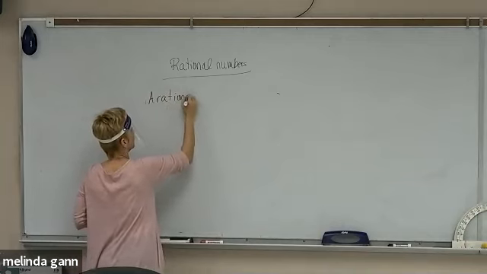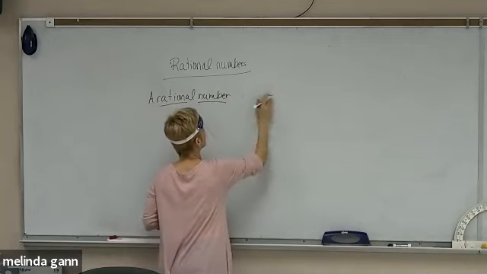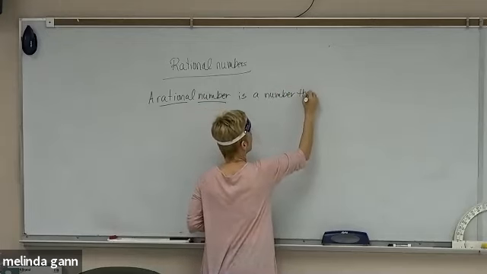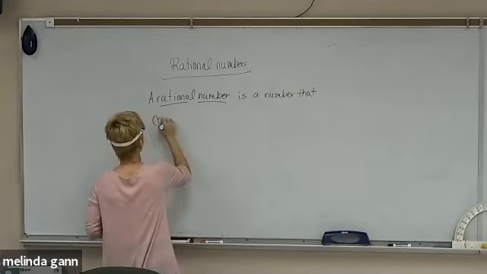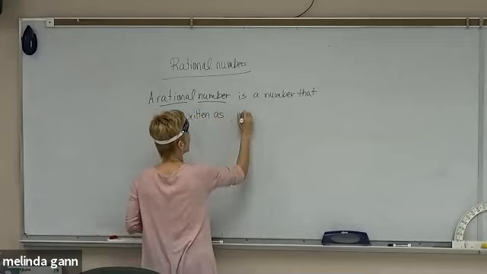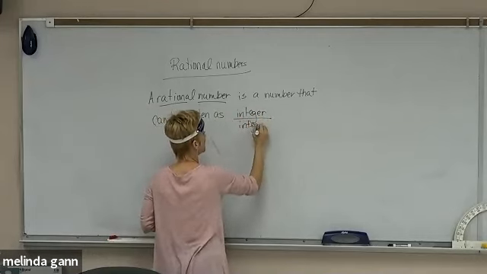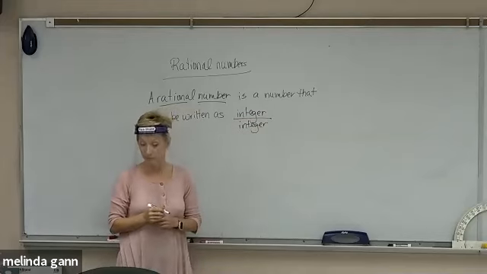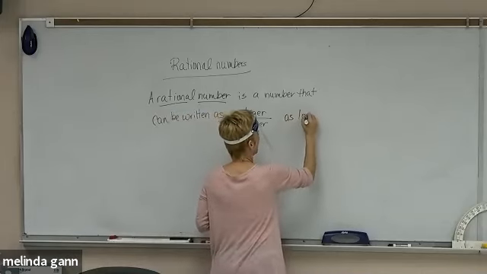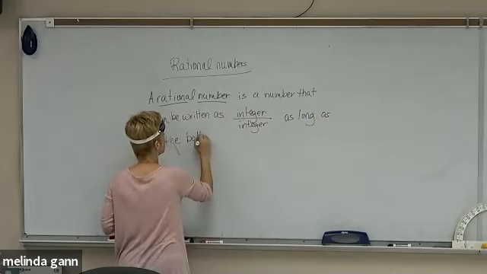A rational number is a number that can be written as an integer divided by another integer, as long as the bottom integer is not 0.